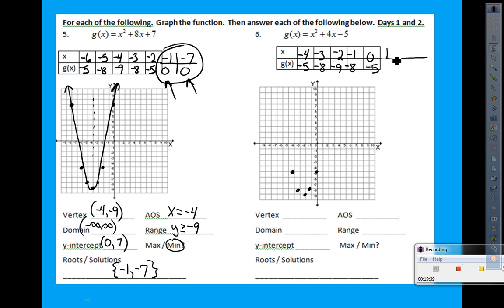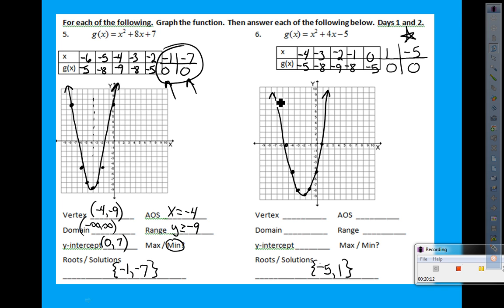So it looks like I would have picked a 1. And the next number going this way would have been a -5. Well, once again, when I ran 1 through here, I got a 0 and a 0. So that tells me those are my answers. So my roots and solutions happen to be at -5 and 1. At 1 and -5. So there's what this parabola would have looked like.